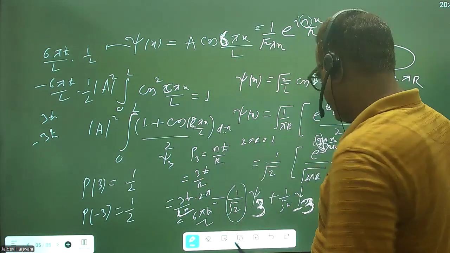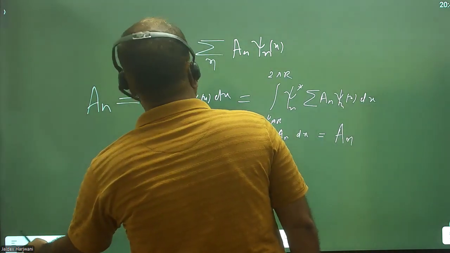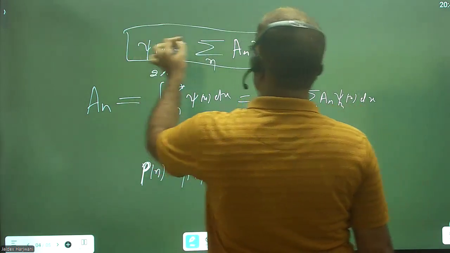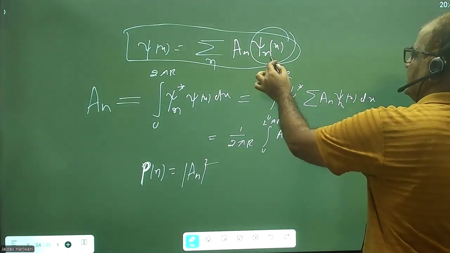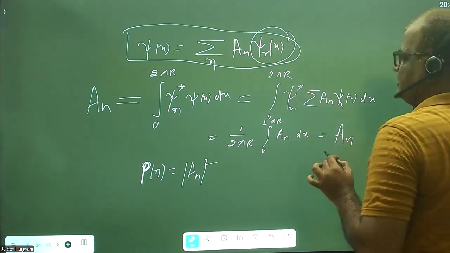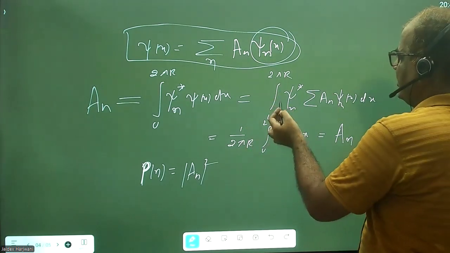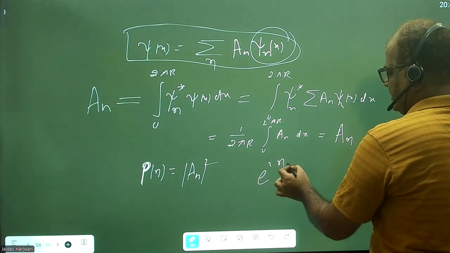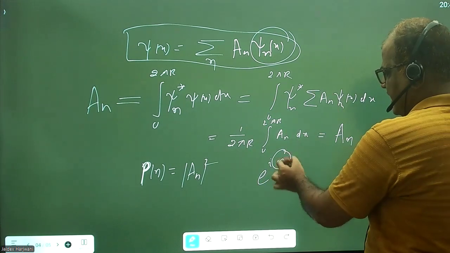So in the last slides we have seen that we have expressed psi x in this particular case as a sum of eigenstates of the momentum wave function. And the eigenvalues we got are n, because the function is e^(iota nx/r).